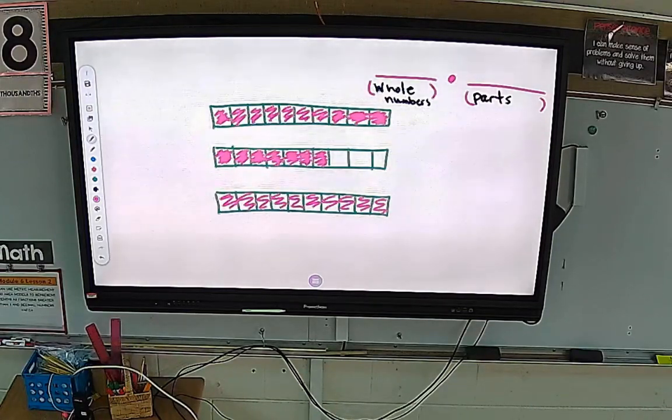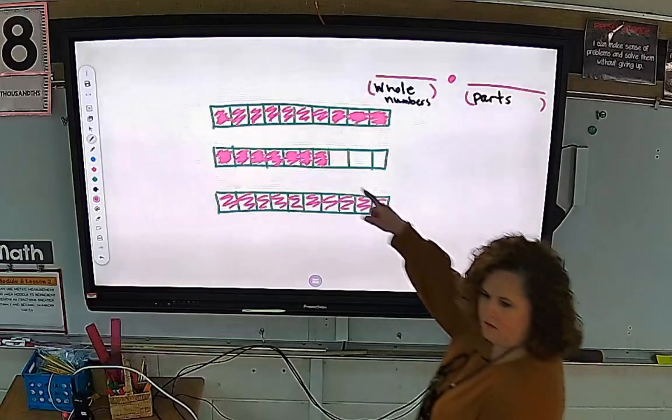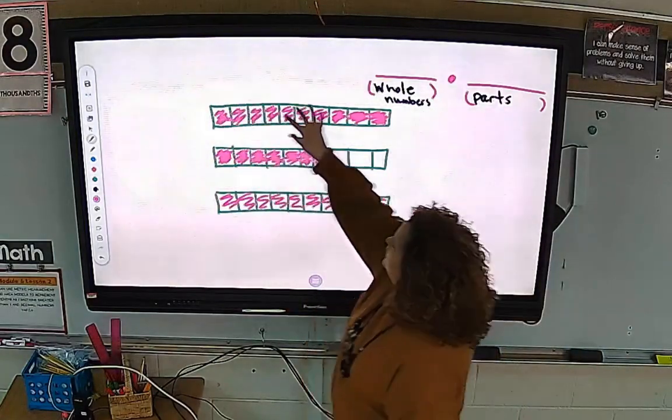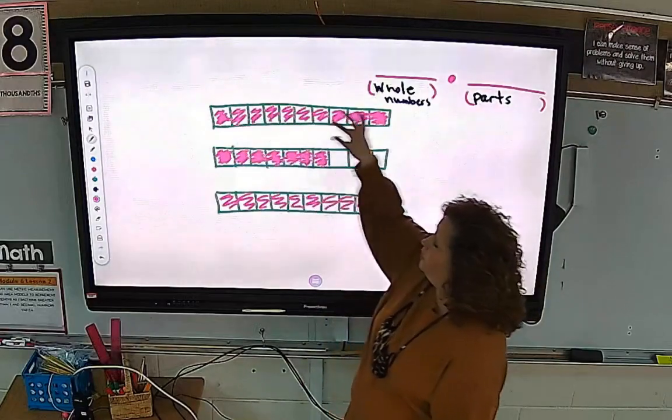How many of those tape diagrams are showing? How many tape diagrams are shaded all the way in? Two. This one is shaded all the way in, so we have one whole right here.